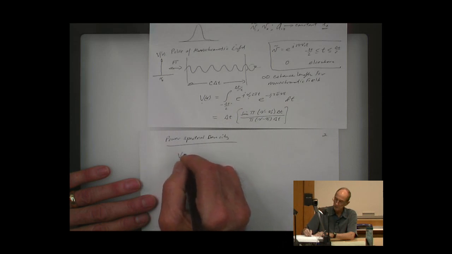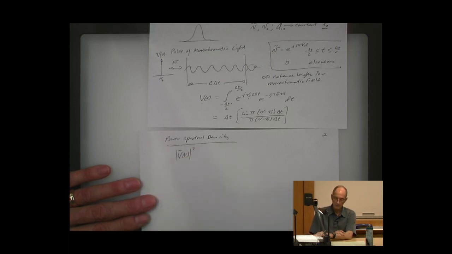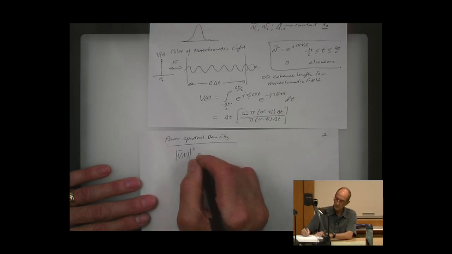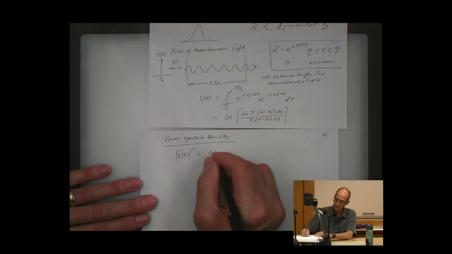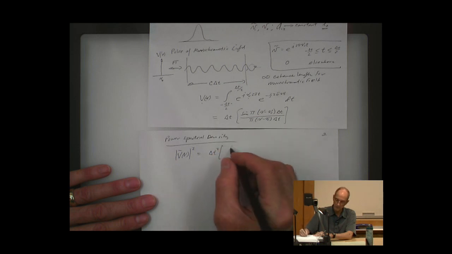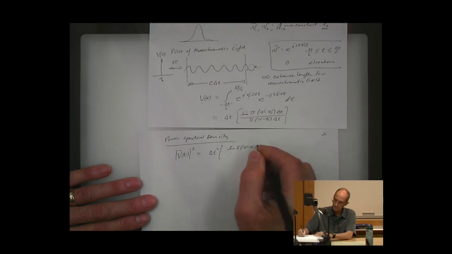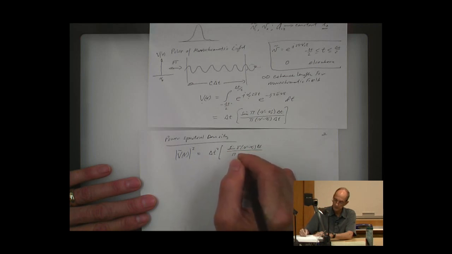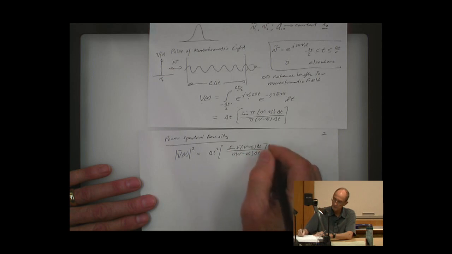So we have V of nu complex conjugate times the unconjugated value, which gives us this magnitude squared. And so we end up with a delta t squared, which is not that important for our cases here, times sine of pi times nu minus nu 0 delta t over pi nu minus nu 0 delta t, squared.